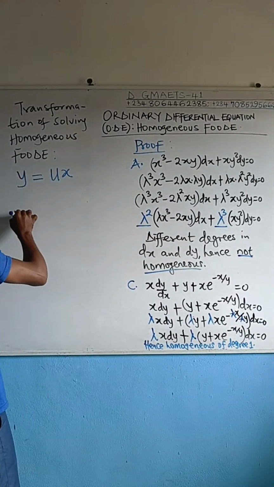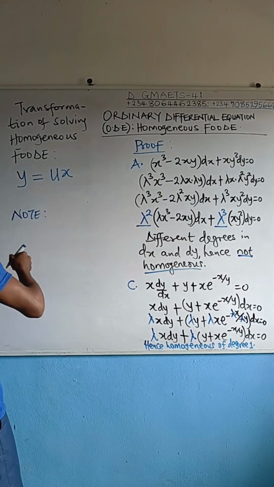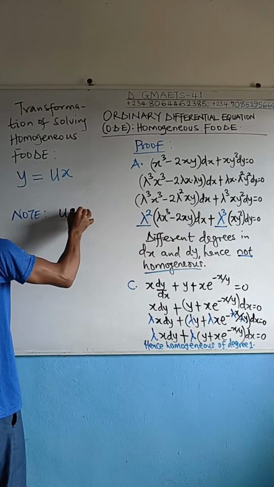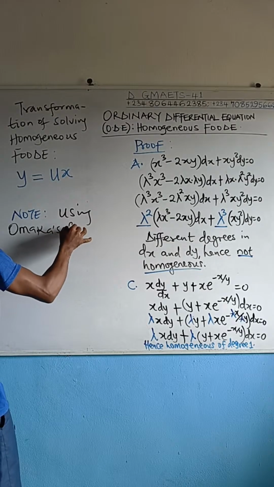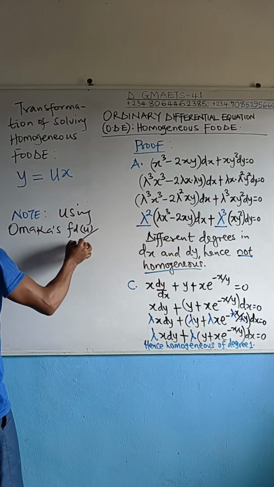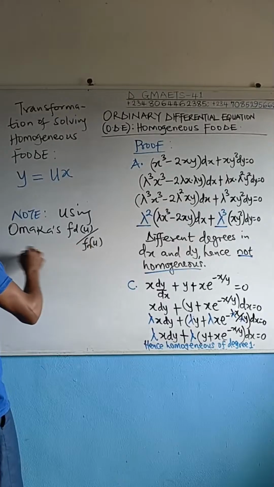Now I'm going to write notes. Notes: using Omaka's FD of u over Fn of u formula.